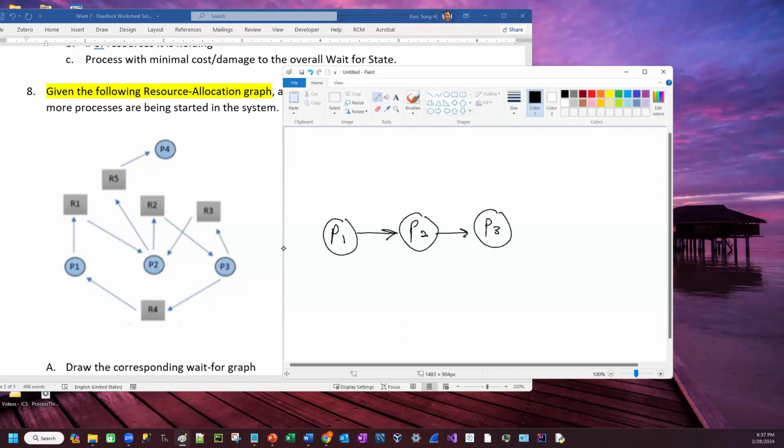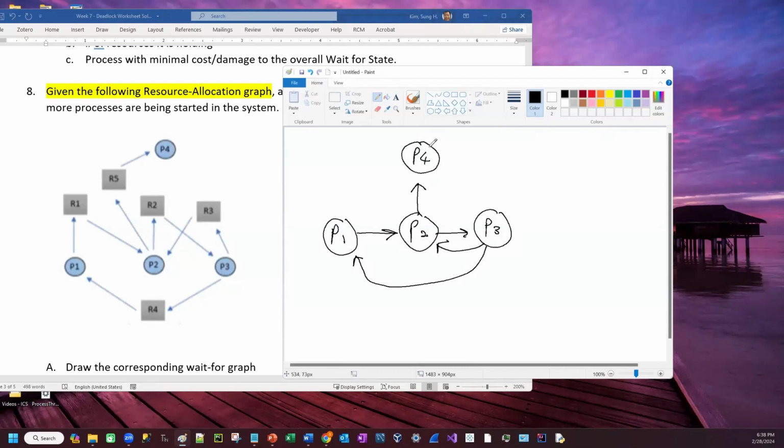It's waiting for P2 as well, and then it's also waiting for P1, right here. And P2 also looks like it's waiting for P4.